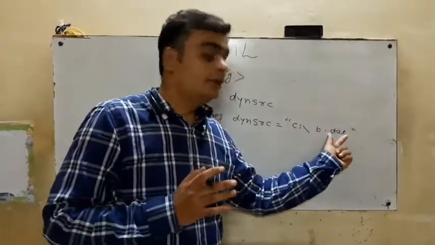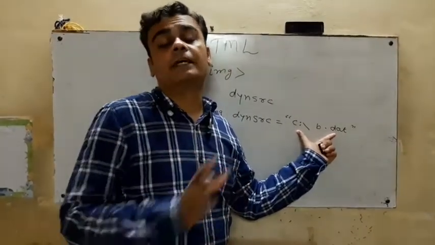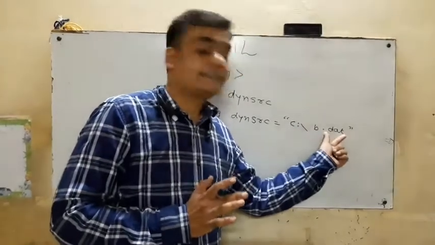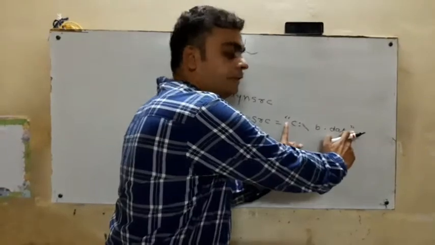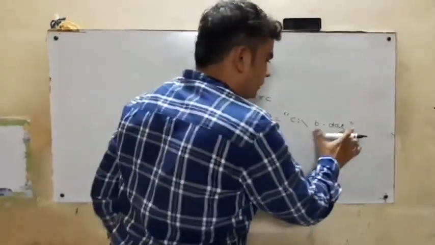But note that if this path is wrong, no video will display on your web page. So path and extension are very important, and the path should always be covered in double inverted commas.